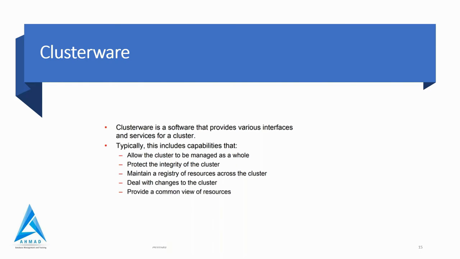Now the third thing is to maintain a registry of resources, so that the location is known across the cluster, and so that dependencies between resources are maintained. So which two files do we use for this?